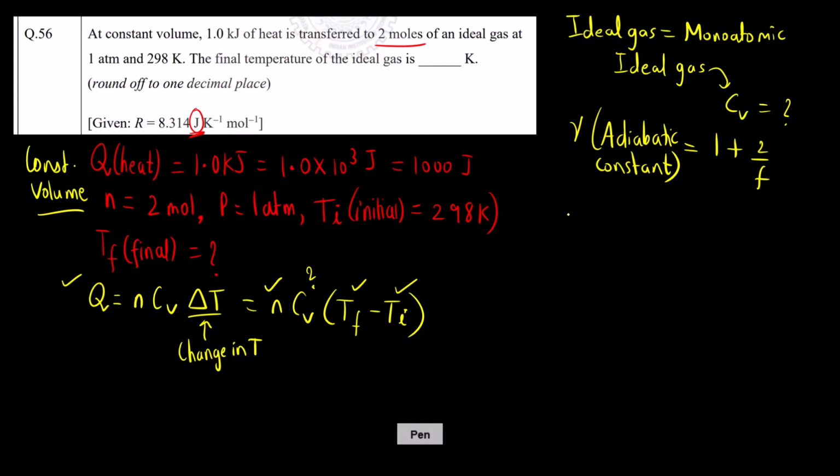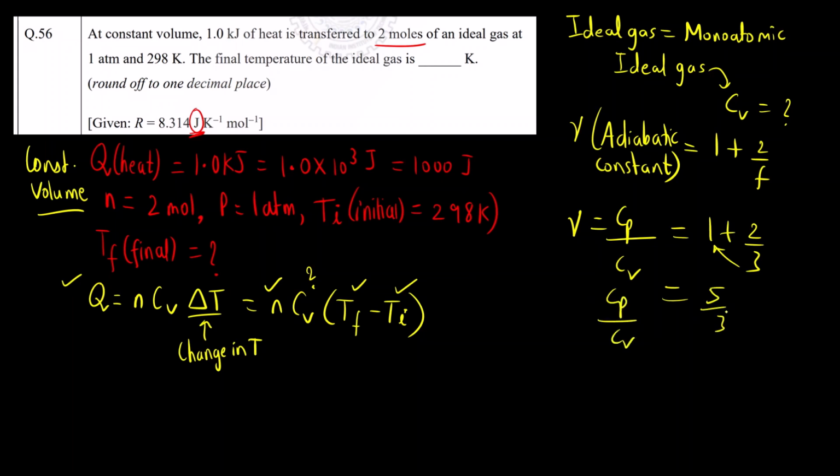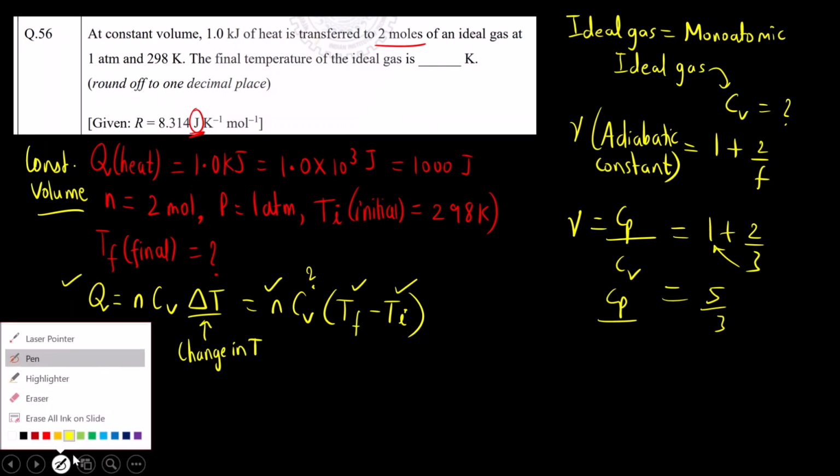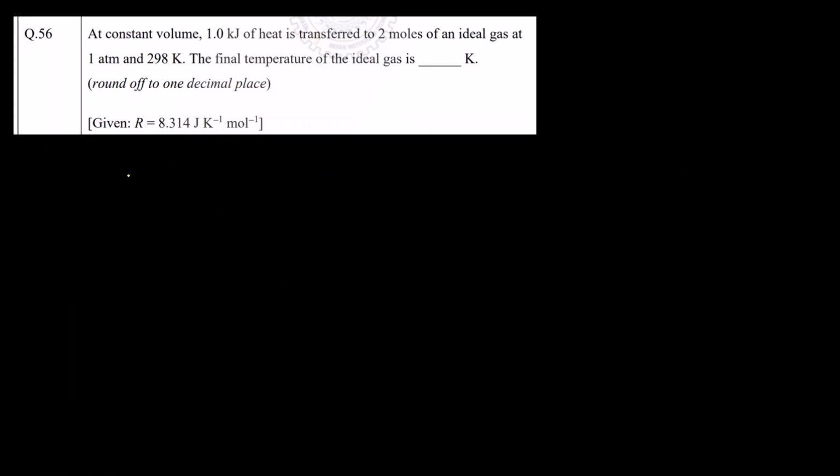So we can substitute this value. Gamma is Cp by Cv, equal to 1 plus 2 by 3. Cross multiply, 3 ones are 3 plus 2, 5 by 3. So Cp by Cv is 5 by 3. Now what do we want?